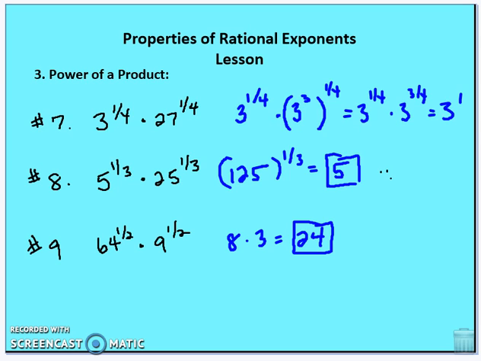So I could have taken 64 times 9 to the 1/2, which would have ended up being 576, square root of 576, which is also 24. So again, you can use power of a product in both directions, either evaluating each of the individual expressions, then multiplying, or taking the product of the two factors with the same exponent and then evaluating from there.